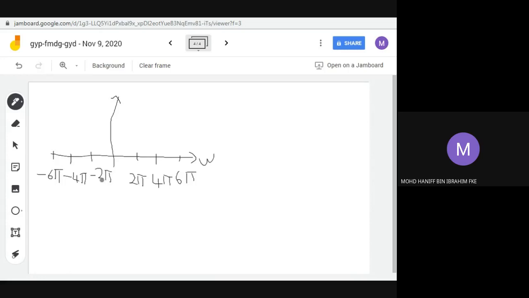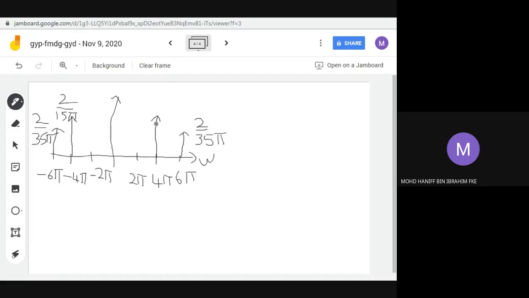If we recall the things that I've shown you just now, for 6 pi, the amplitude should be equal to 2 over 35 pi. The same applies for negative 6 pi. You are getting the same amplitude value, which is 2 over 35 pi. For negative 4 pi, if not mistaken, you can refer to the equation. It should be 2 over 15 pi, because I ignore the negative sign, since the negative sign will be taken to the phase.